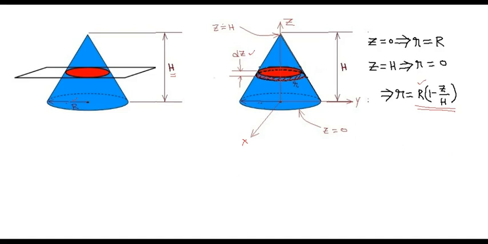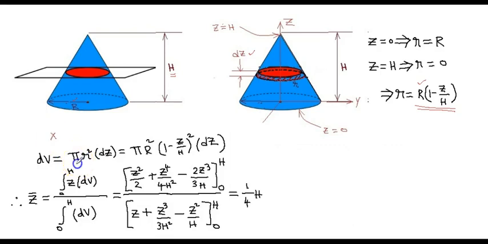Now we write the elemental volume as pi r squared multiplied by dz. Pi r squared is the area of the circle shown over here, and dz is the thickness of the slice. Pi r squared dz is the volume, which we write as this whole expression shown here, because we already know that r is the value given here.